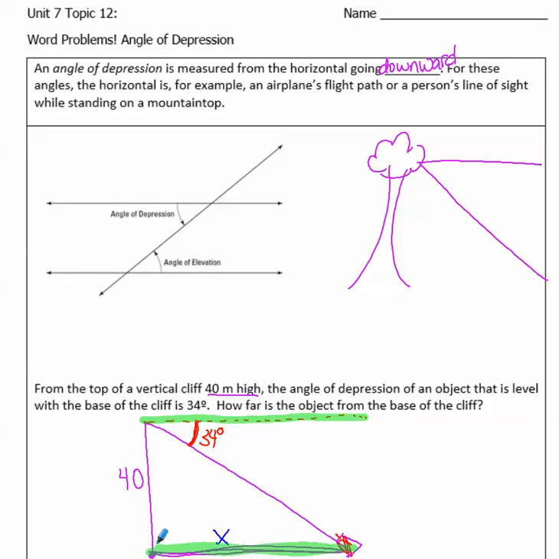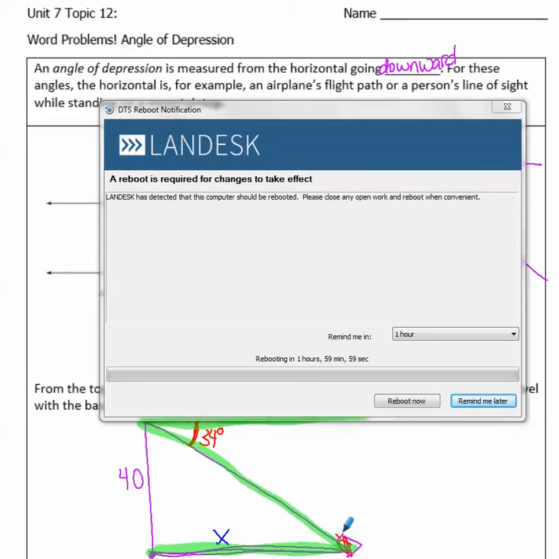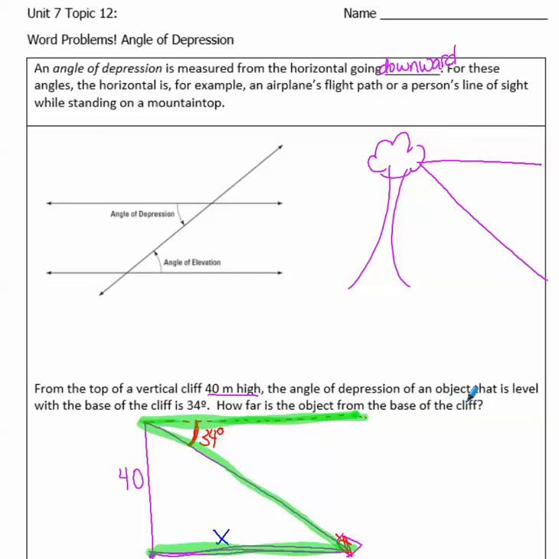The ground and the sky are parallel, and this is my transversal right here. So based on that, I know that not only is this 34 degrees, but this is also 34 degrees, which is going to help me out because now I have this triangle down here that I can work with.